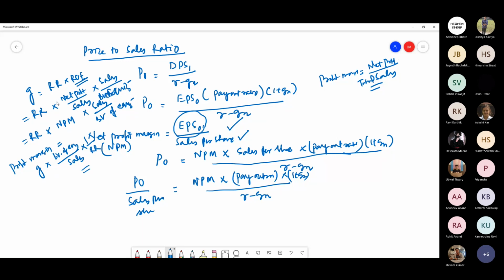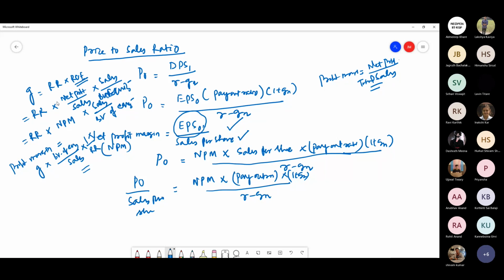Are you getting the point? Yes. Sir, can you read the last formula a little slowly? What is the last term? It's 1 by RR. 1 by RR.